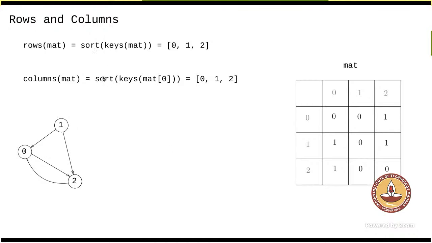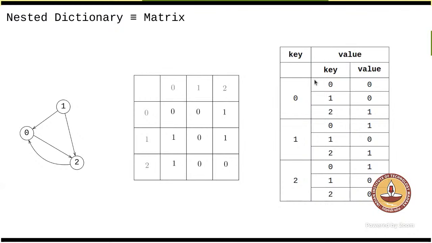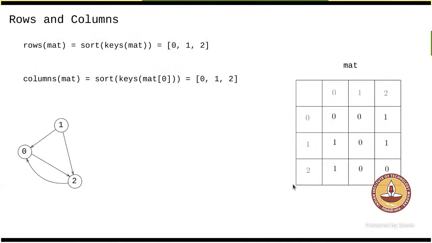This is what we follow in our course. You take the keys of the matrix, like we saw before. Keys of the matrix are 0, 1, 2. And since the dictionary is going to return your keys in some arbitrary order, you sort it. You assume that there is some procedure which sorts the list, so the list will be sorted. You'll end up getting 0, 1, 2.